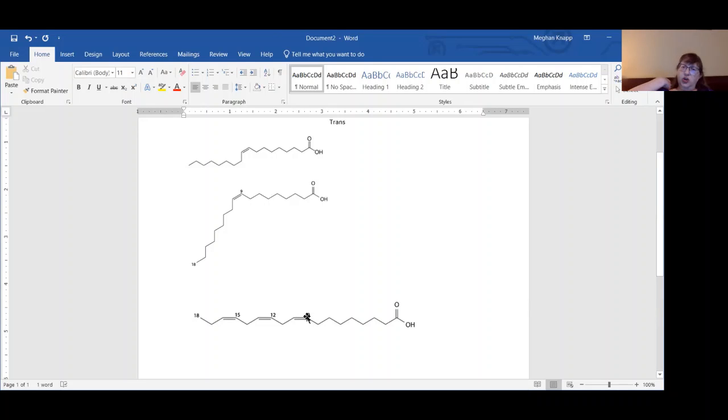And it turns out that health-wise, omega-3, 6, and 9 fatty acids, cis fatty acids, tend to be particularly healthy. So that's why sometimes you will hear particular foods or vitamins advertising that they have these omega-6 or omega-3 fatty acids, because they tend to be pretty healthy.